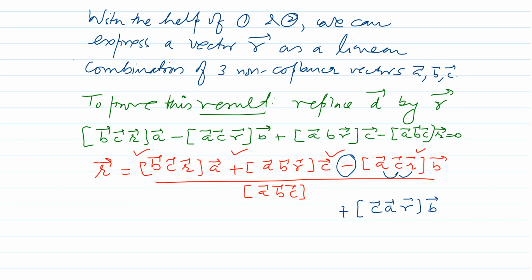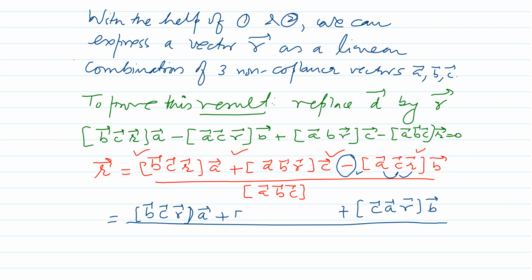So we have made a change in this term only. Okay, so this can be written as BCR, scalar triple product of BCR multiplied by A plus ABR multiplied by C upon ABC.